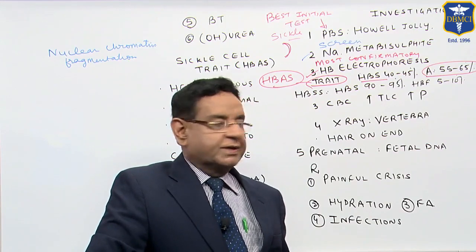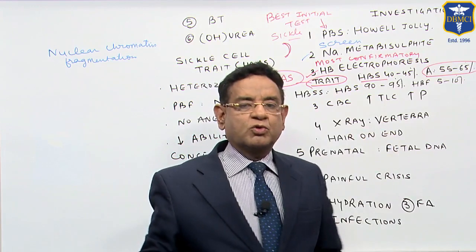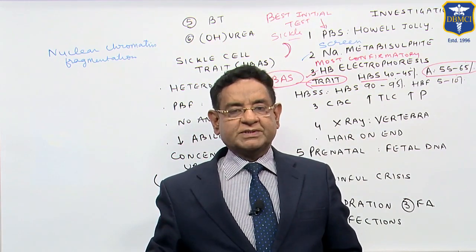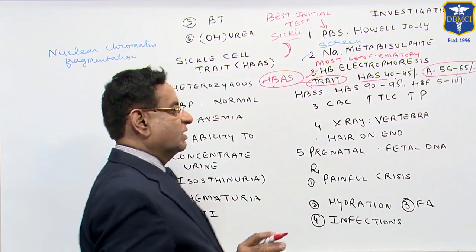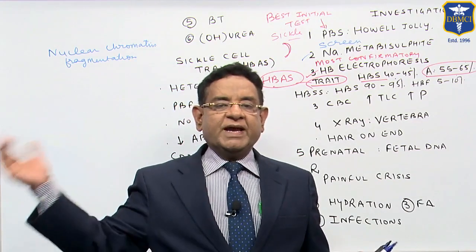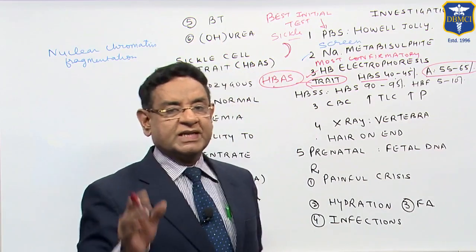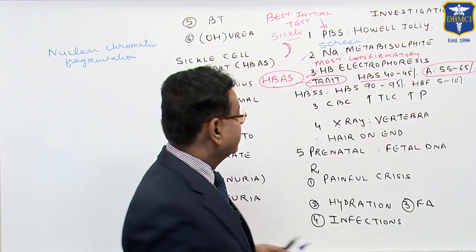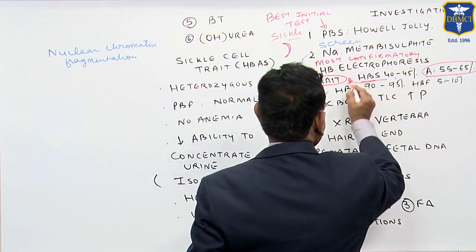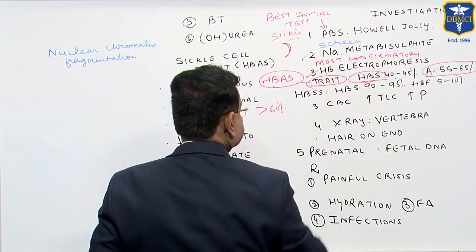Point to be noted that in this, HbS concentration doesn't go above 45 or 50%. That's why in these patients, normally, the features I mentioned for sickle cell are not there. Because to have the features of sickle cell, the HbS concentration should be above 60%.